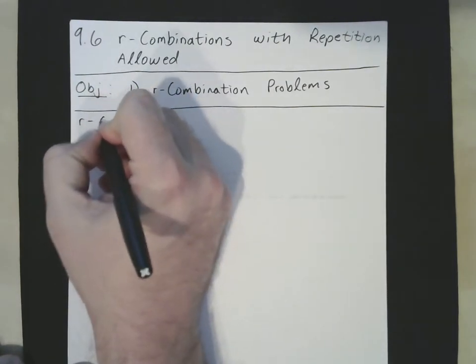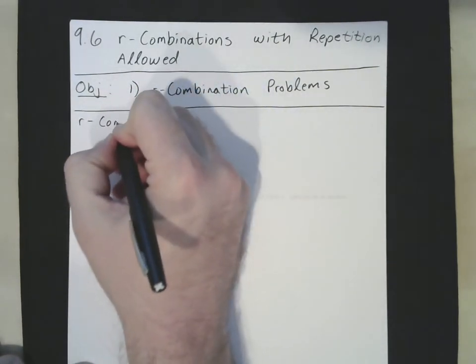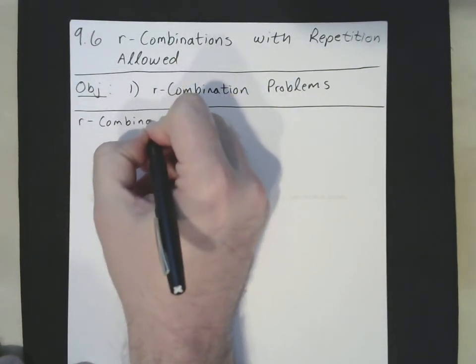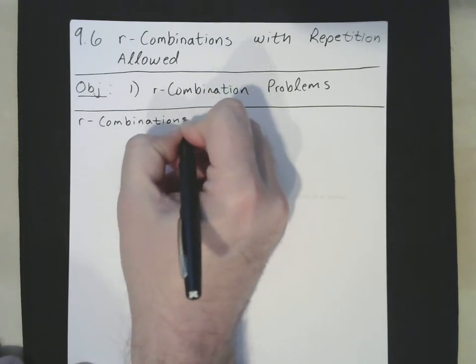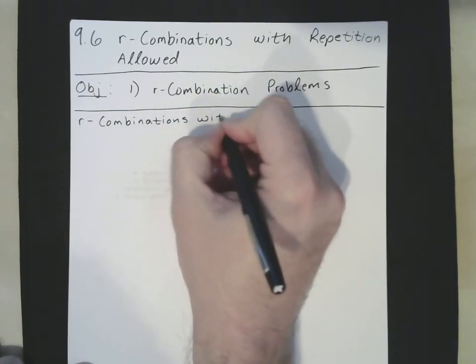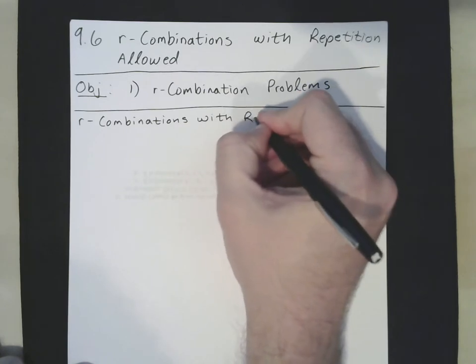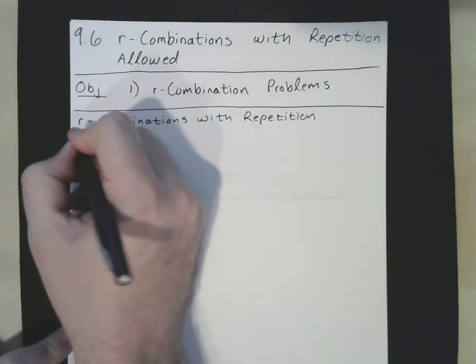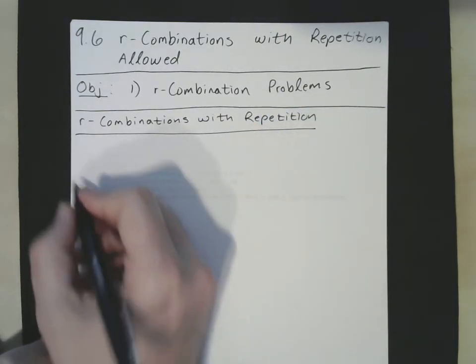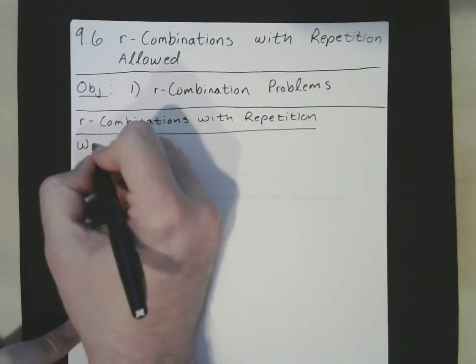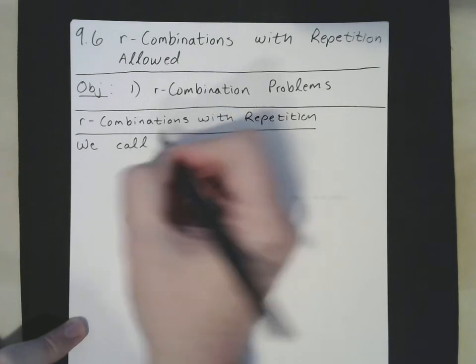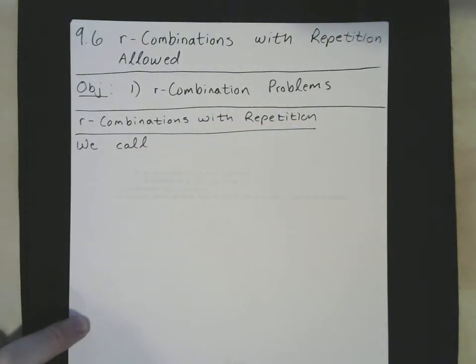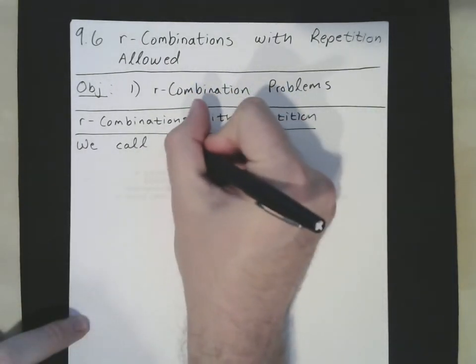So the first thing that we set up, in true mathematical fashion, is a new definition. And we do that so that there's no confusion of what we're talking about. R combinations with repetition, we call this a multiset.